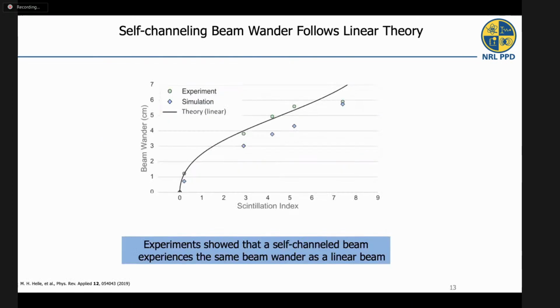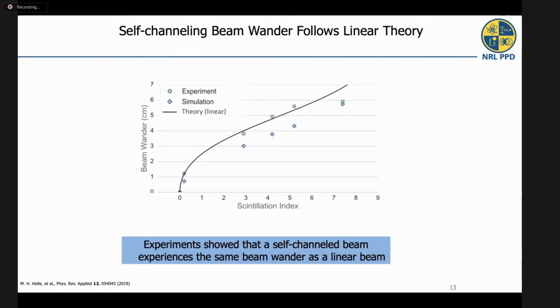One of the first things I mentioned is that we expect the beam wander to behave the same way as it would linearly, because the USPL, while it is smaller than the inner scale, is still sampling all the eddies, so it's slightly refracting off of those. It's going to wander the way you would expect a traditional linear beam to. This plot shows that. The solid line is linear theory for turbulence-induced wander.